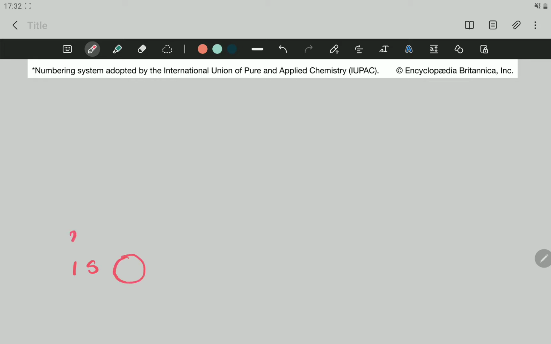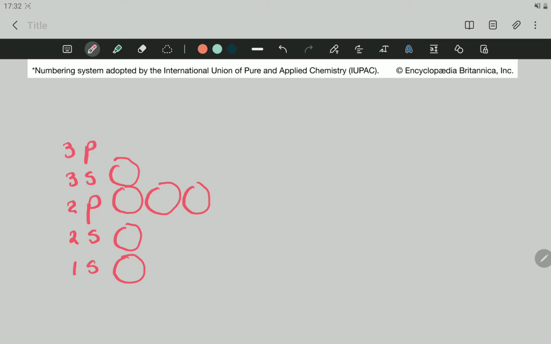Energy level 2 has one orbital s, another circle, and an orbital p, which has 3 circles. Energy level 3 has one s, one circle, and also one p, which is 3 circles.